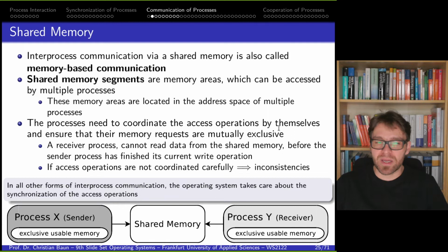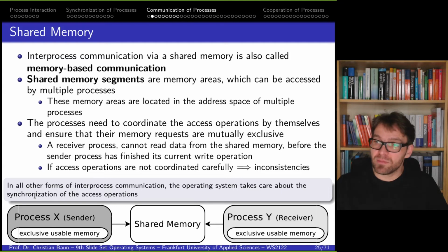We need to make sure that a receiver process cannot read data from a shared memory segment before the sender process has finished the write operation. Otherwise we read garbage data, or we have missing data. And if write operations are not coordinated in a smart way, we have inconsistent data, or override situations. So it's bad in any way, and we need to handle this.